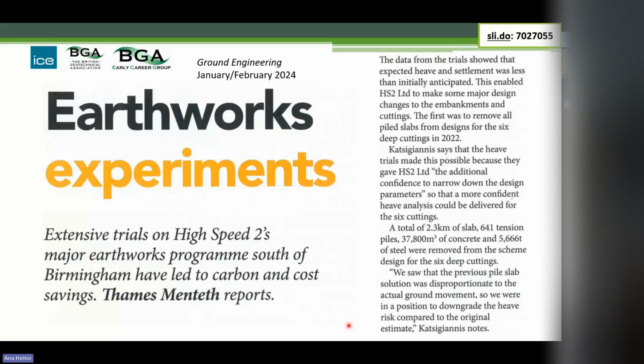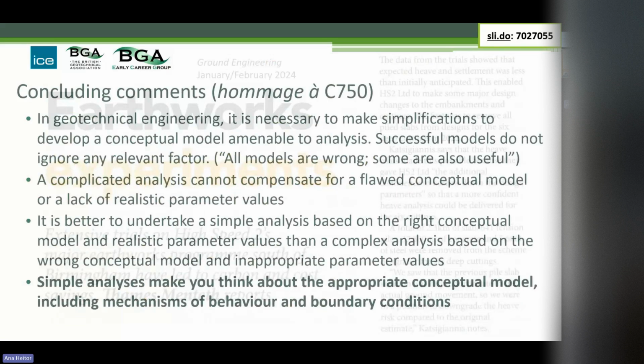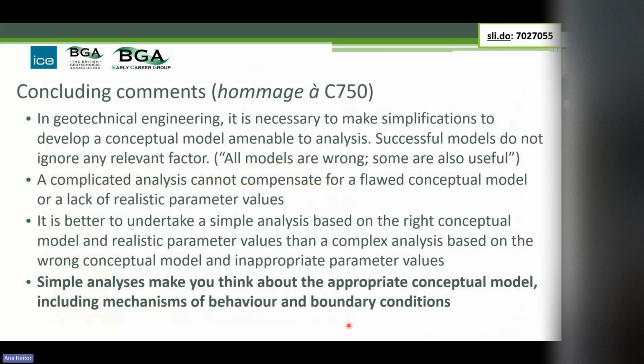That's wonderful news. So to conclude, and I pay a little bit of homage to CIRIA Report C750, the CIRIA Guide to Dewatering, which was written by Martin, Toby, and myself. So in geotechnical engineering, it is necessary to make simplifications to develop a conceptual model.